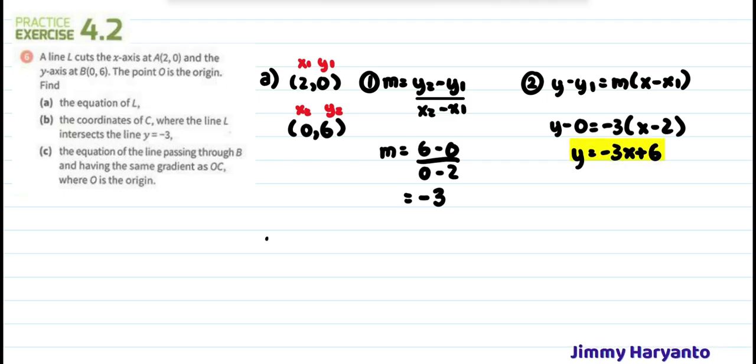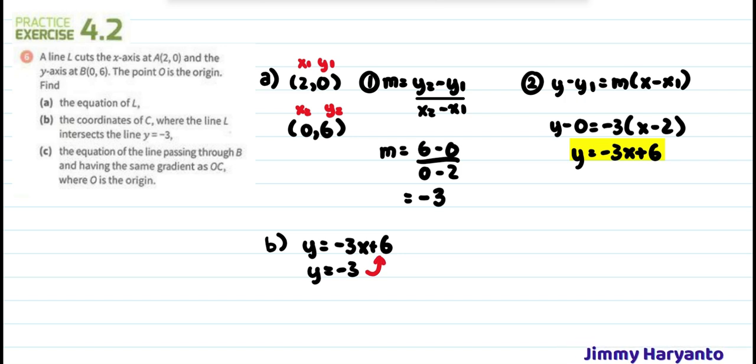And then question B, it says the line intersects with another line, which is y equals negative 3. So this line intersects with y equals negative 3. Intersect means you have to find the point of intersection. To find the point of intersection, you have to substitute one into the other.